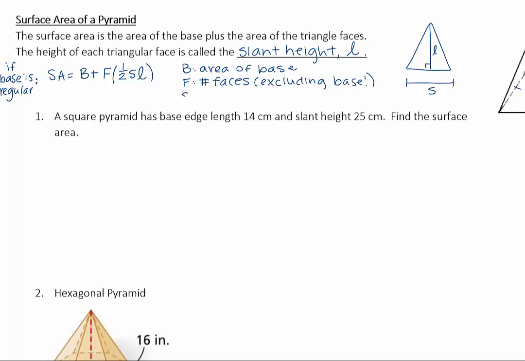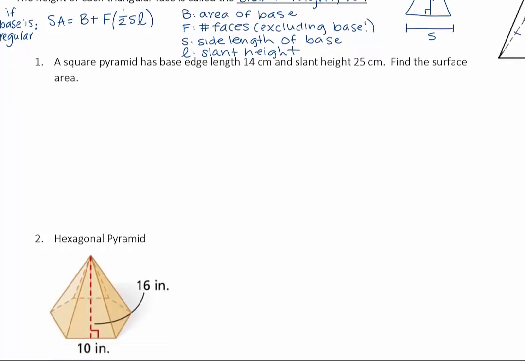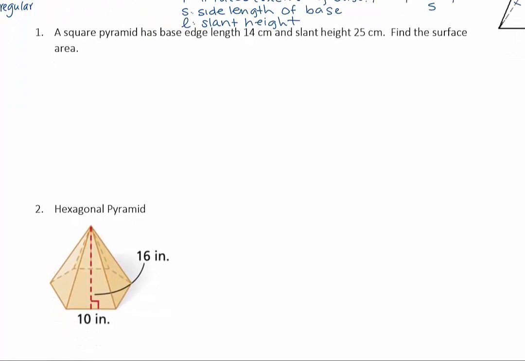S is your side length of the base, and L is your slant height. So go ahead and try these next two and see if you're able to apply that formula.